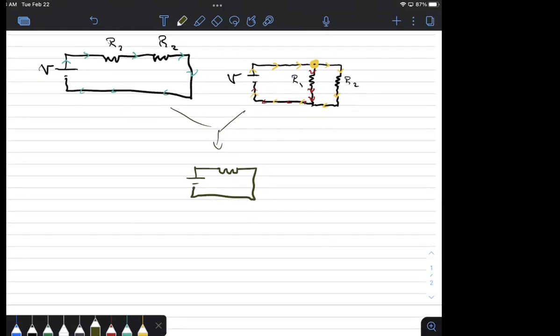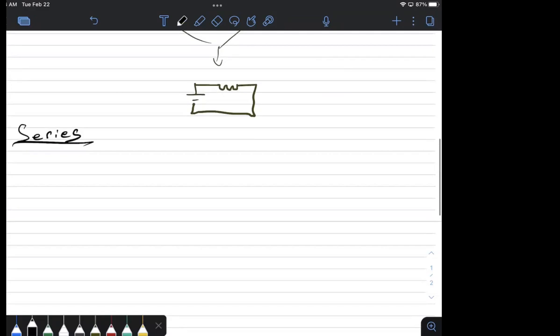There's two ways that we're going to worry about of connecting resistors together. The first way is called series. If you connect two resistors in series, then that's something like this.